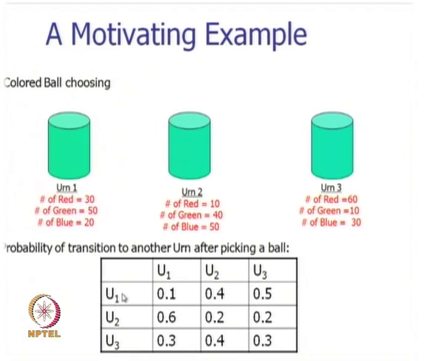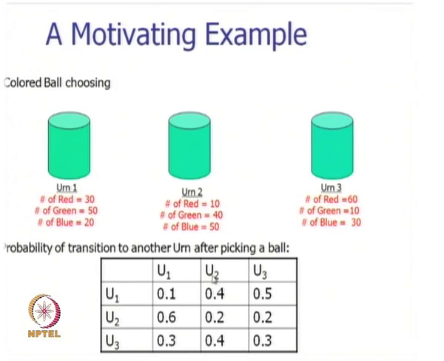And what is known is that we know the transition probability of going from one urn to another. So, for example, if we look at this row and the corresponding column values, we see that from urn 1 you can go to urn 1 again with probability of 0.1. That means, if a person has drawn a ball from urn 1, the probability of him drawing the ball again from urn 1 is 0.1.